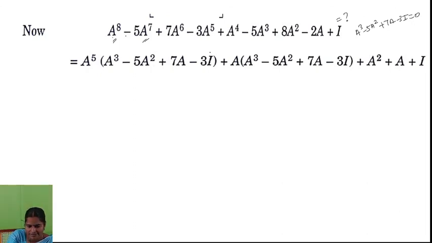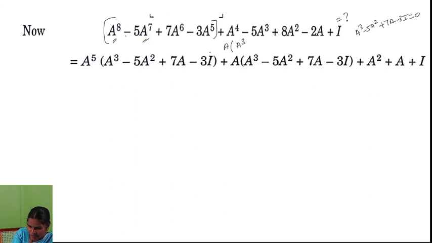Here, see, up to this, A power 5 is common. So let's take A power 5 outside. Then we get A cube minus 5A square plus 7A minus 3I. Then here A is common. So take A outside.